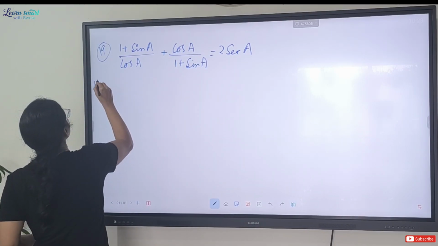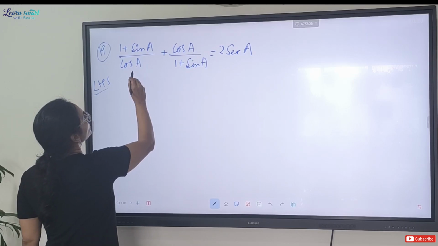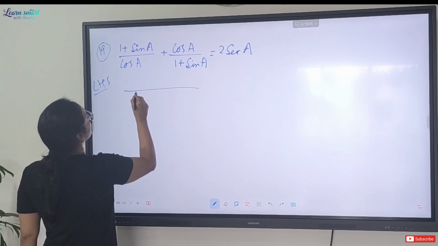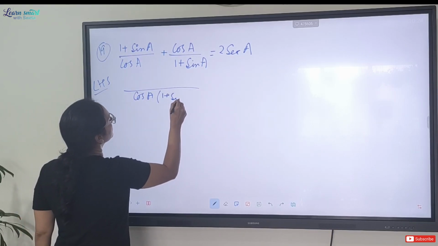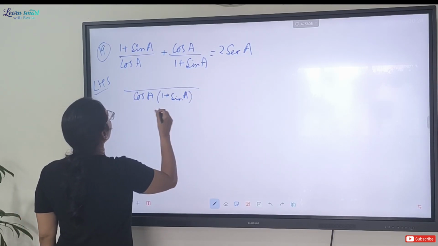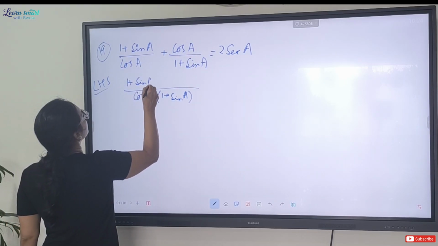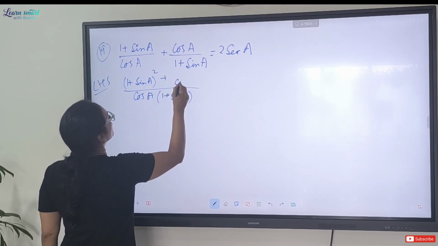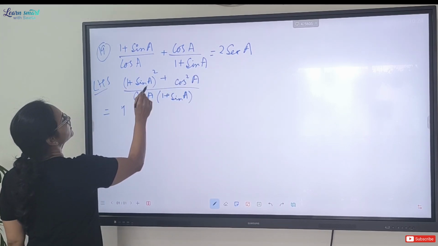In this question also, we will only simplify, so we will take LCM and try to solve. So let's do that. We will write cos A into 1 plus sin A, and now this will become 1 plus sin A the whole square plus cos square A. Now let's write this as A plus B whole square.